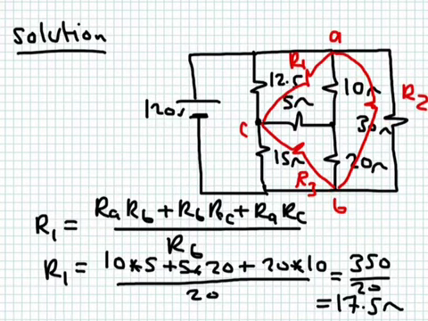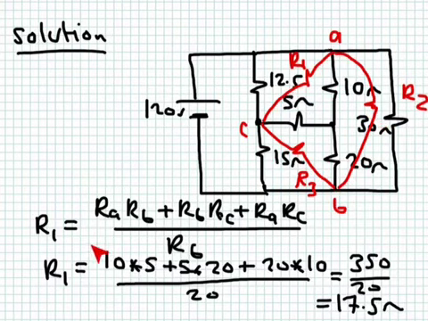Corresponding to B is R1. The order here matters because the formula given in the book will depend on this order. So once you name this A, B, and C, this one will be R1, this one will be R2, this one will be R3. R3 is the one facing A, R1 is the one facing B, R2 is the one facing C.